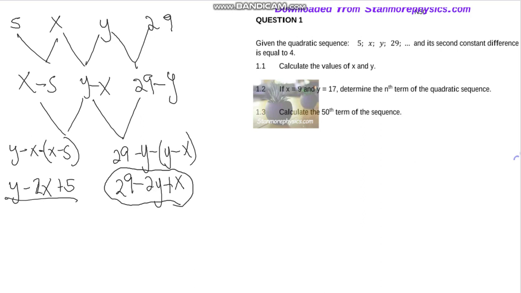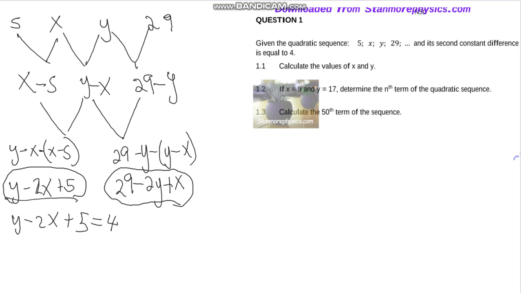I think they told you that the second difference is equivalent to 4. So what you need to do now is take what you got here, which is y minus 2x plus 5, and set it equal to 4.